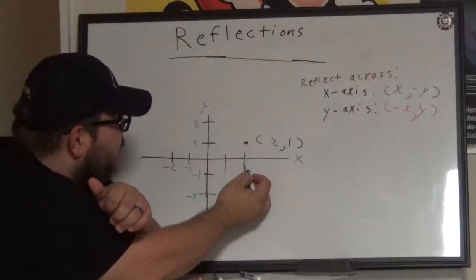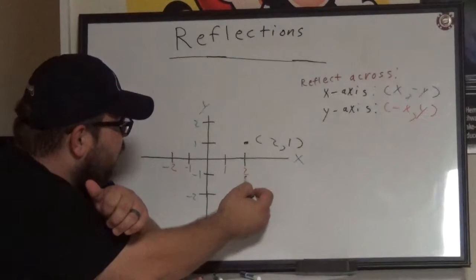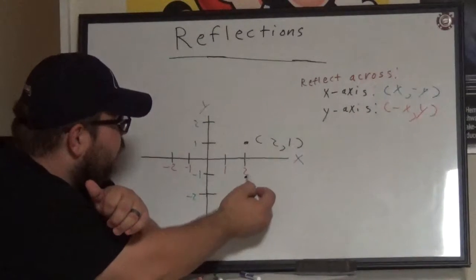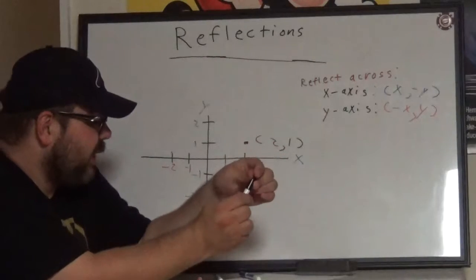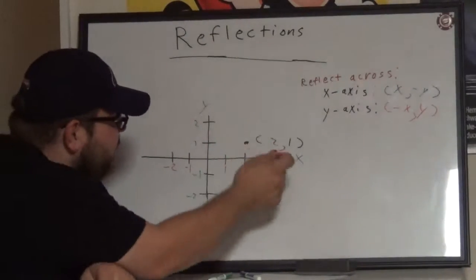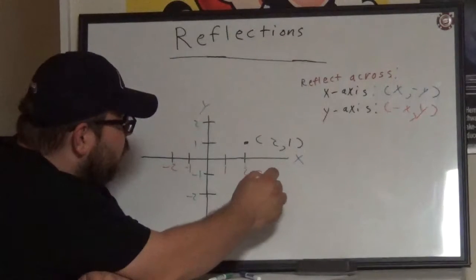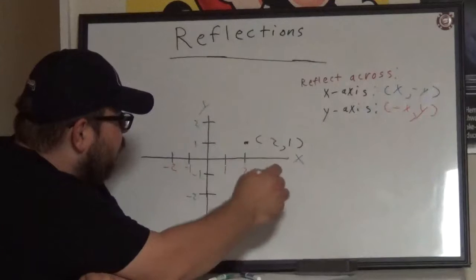So I'm going to take my marker here and I'm going to count down 1 unit and make a point. Let's see what that point is. I'll put it in red. This is going to be, again, 2, positive 2, and negative 1.